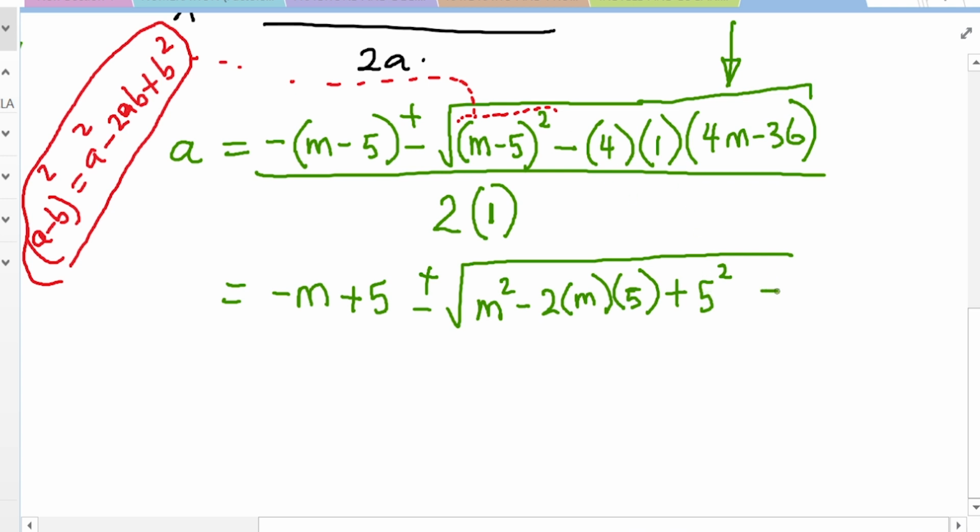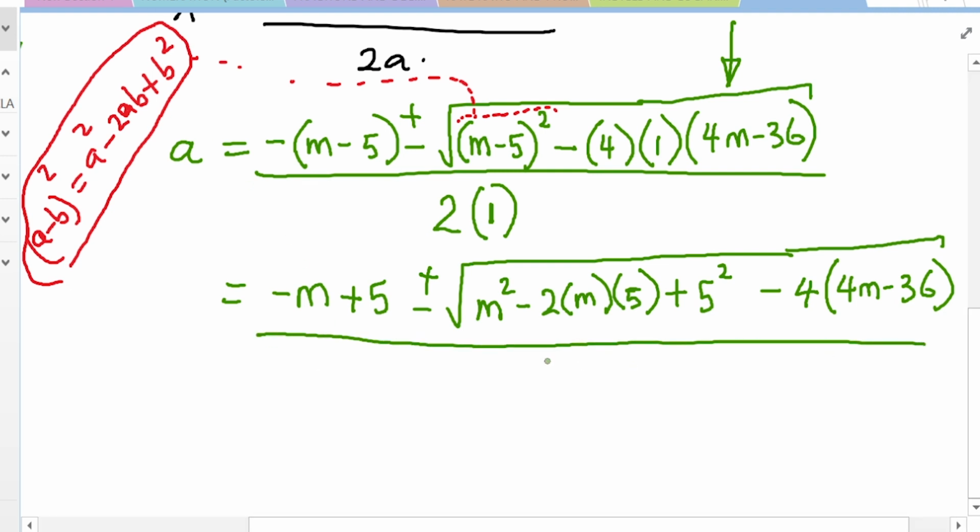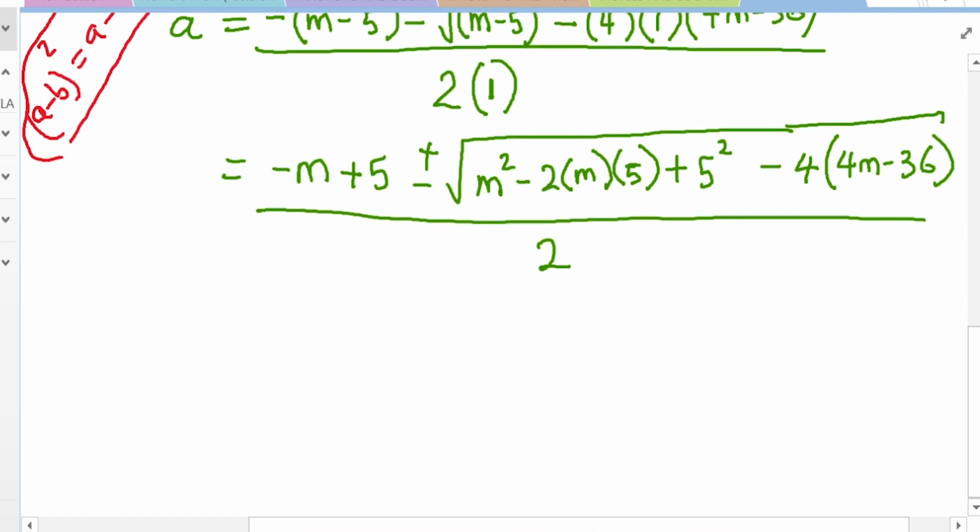Then I'll continue and say that is minus 4 times 1, which is 4, times, let me go slowly, 4 into 4m minus 36, like that. Negative m plus 5 is the same as saying 5 minus m. Let's rearrange it like that. So it's 5 minus m plus, oh sorry, I had forgotten to divide that by 2. So all this thing is divided by 2. Let's move on to the next step.